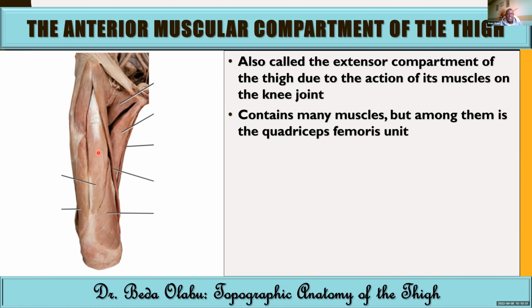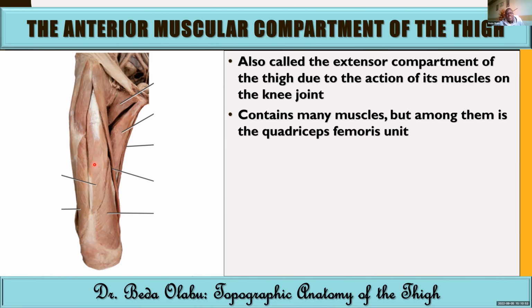So 4 muscles: vastus medialis, vastus intermedius, vastus lateralis, and rectus femoris. Those 4 constitute the quadriceps femoris unit. These are the muscles that usually cause extension at the knee joint. And that is why we are calling this compartment the extensor compartment.